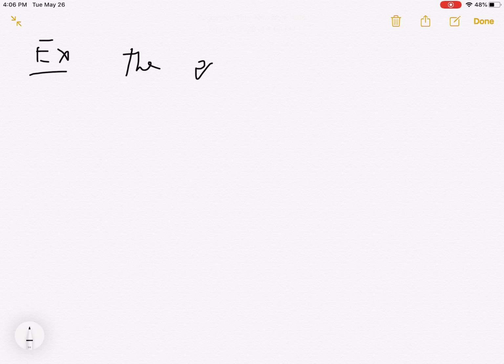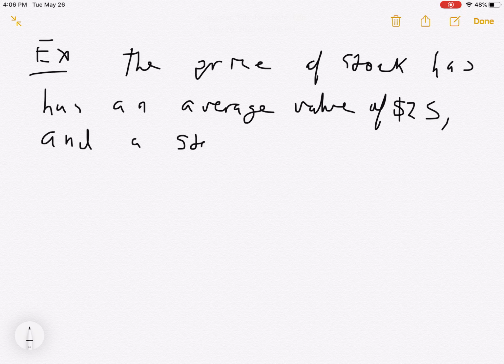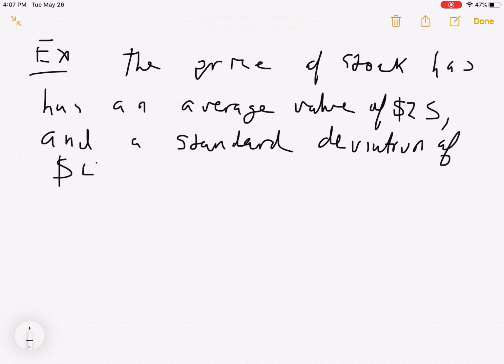The price of a stock has an average value of $25 and a standard deviation of $4. Here's going to be a couple of questions.